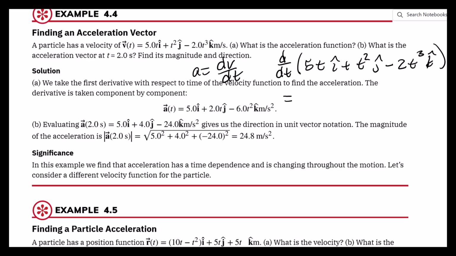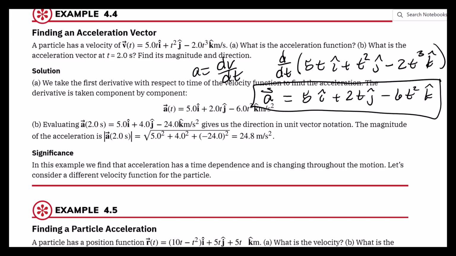What is the acceleration function? Really all you need to do is remember that acceleration is d(velocity)/dt. So we've got the acceleration vector is 5 i hat plus 2t j hat minus 6t squared k hat. Don't overthink this. You just literally take the derivative, and if you want to know what it is at 2 seconds, you just plug in 2.